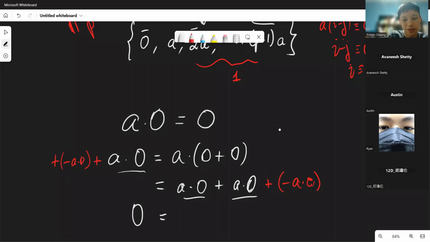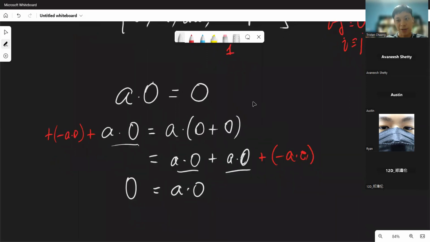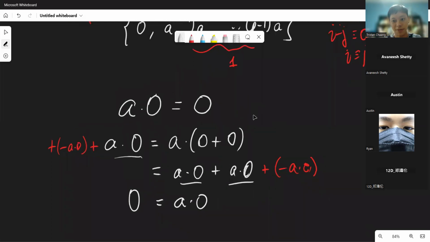This becomes A dot 0 plus 0, which is A dot 0. So yeah, indeed, anything times 0 is always 0. We cannot use the argument that anything times 0 is equal to 0 in the real numbers, so it works in any field. No, we have to prove it from basic principles.